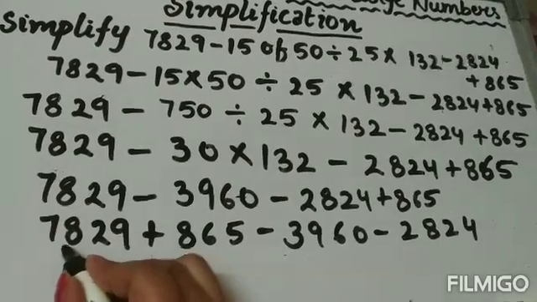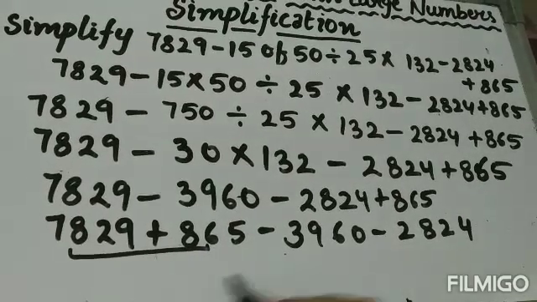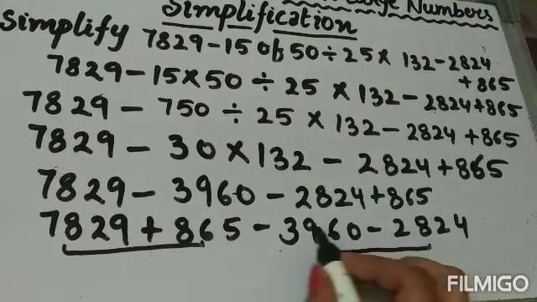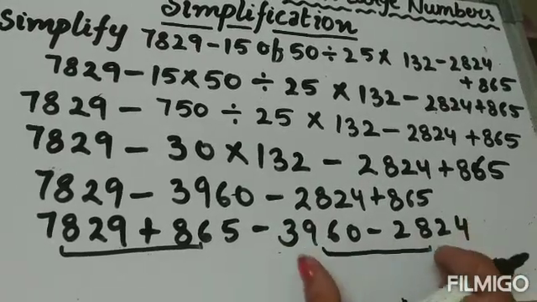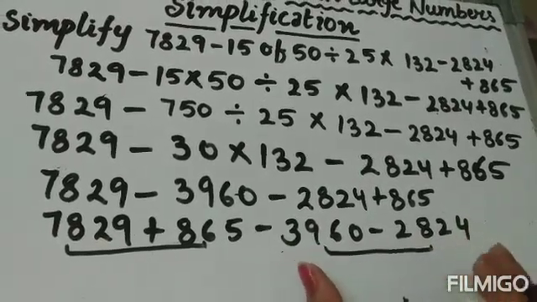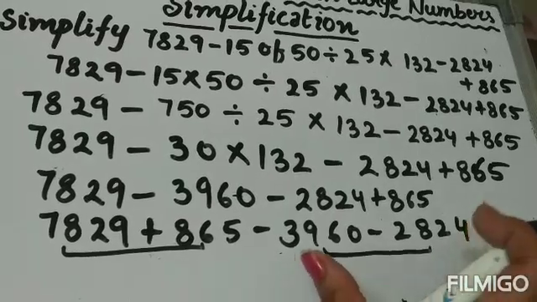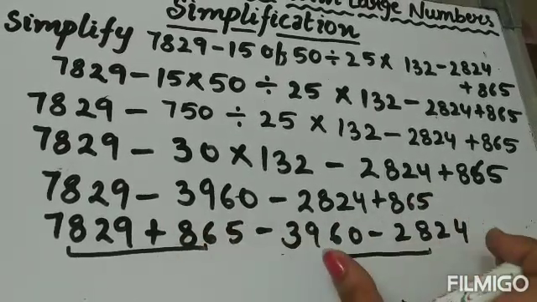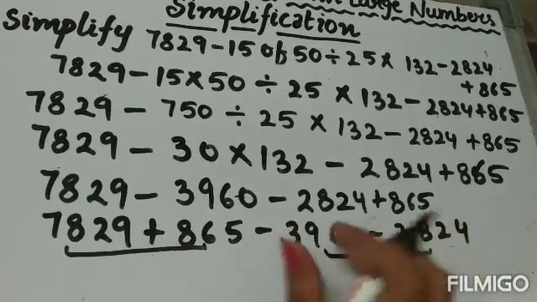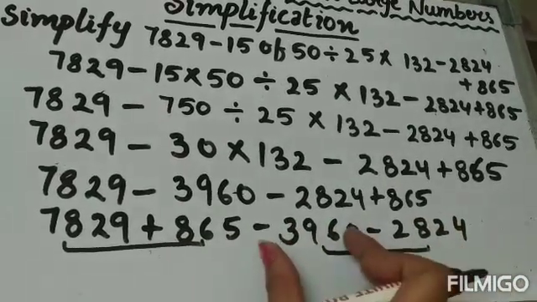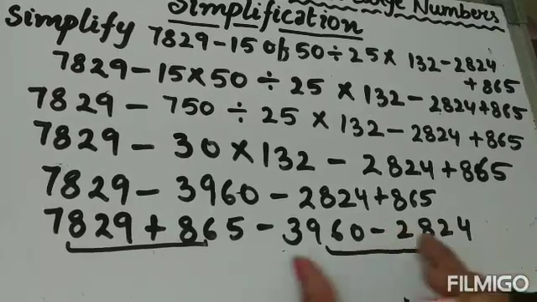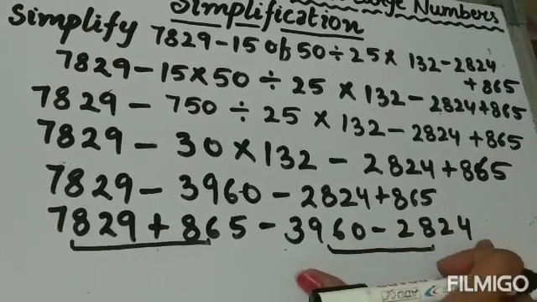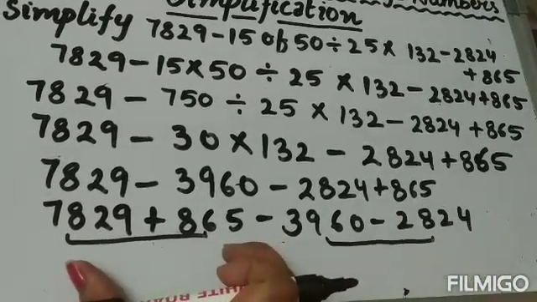Now we will add these two numbers and we will add these two numbers also, because the signs are the same, and if the signs are the same, then we always add. Either it is a subtraction sign or an addition sign, we always add if the signs are the same. Here both numbers have the same sign. This is negative, this is negative, both have a minus sign, so we will add in this step, and this also we will add.